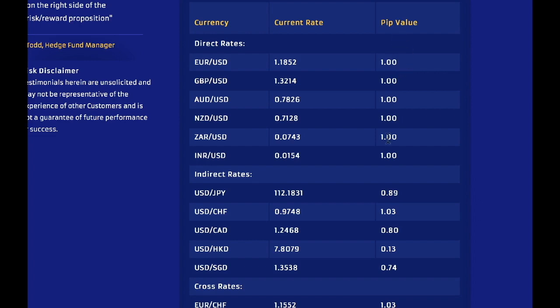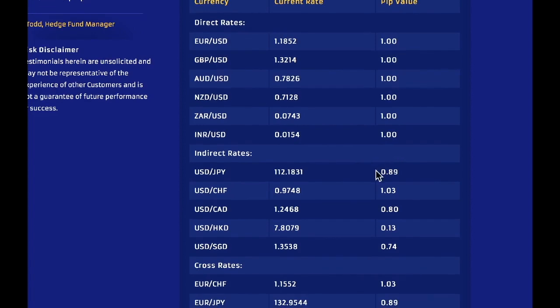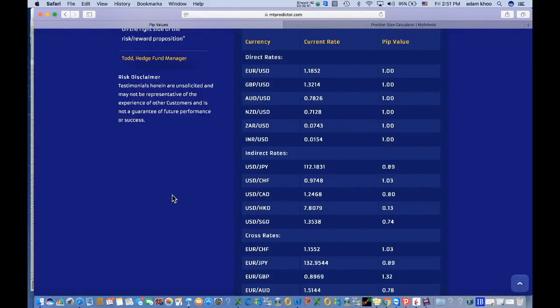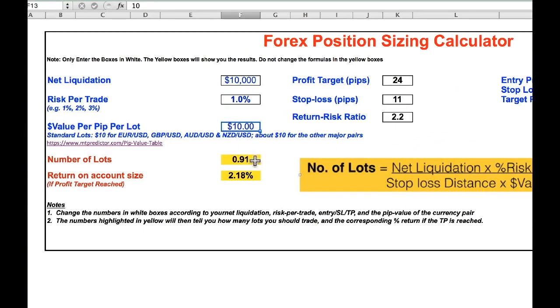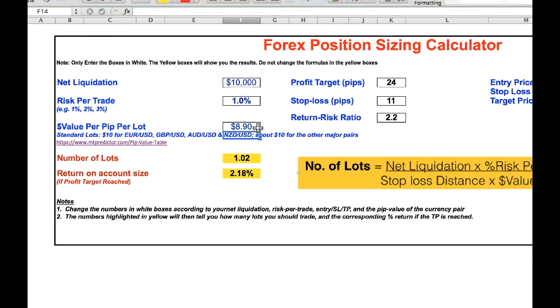This pip value is based on 10,000, so for one standard contract of 100,000, you have to multiply by 10. So if you're trading, for example, the dollar yen, it'll be 0.89 times 10. Sorry, not $89, $8.90, my bad, so 8.90 times 10.